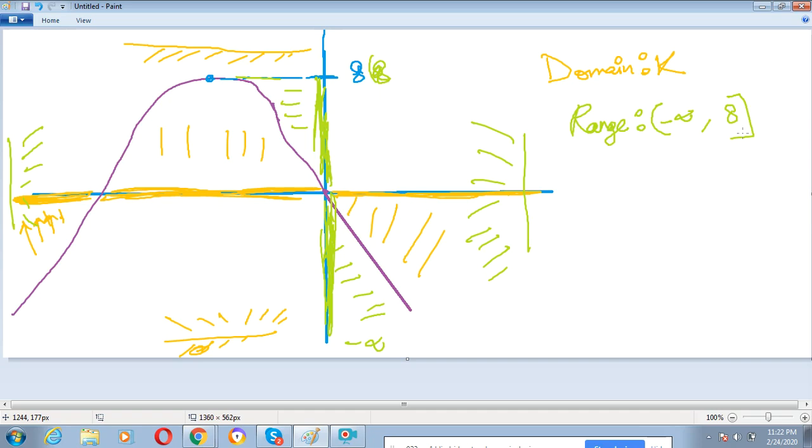Consider the function f of x is equal to x bracket. In the a part, calculate f2. It means just put x as 2. Just calculate 2 into 2 minus 1 into 2 plus 3. So 2 into 1 into 5 equals 10. Understood?